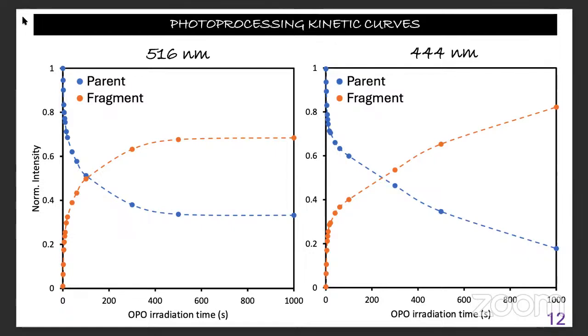We found that for the longest wavelength, after a given irradiation time, the population of the parent remains constant. So at least one isomer doesn't absorb here.